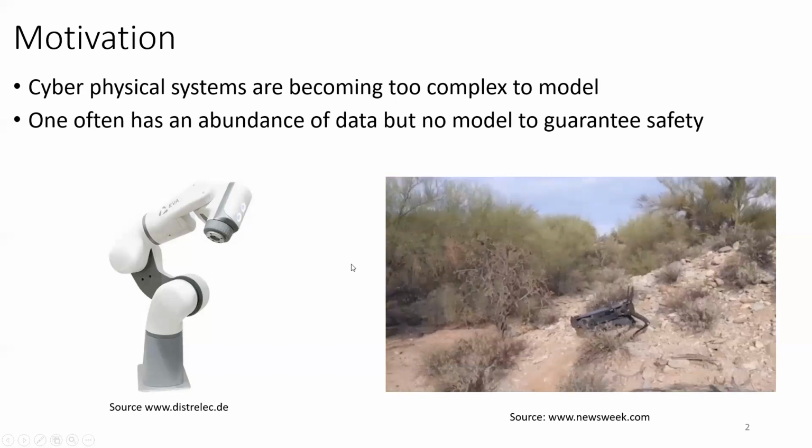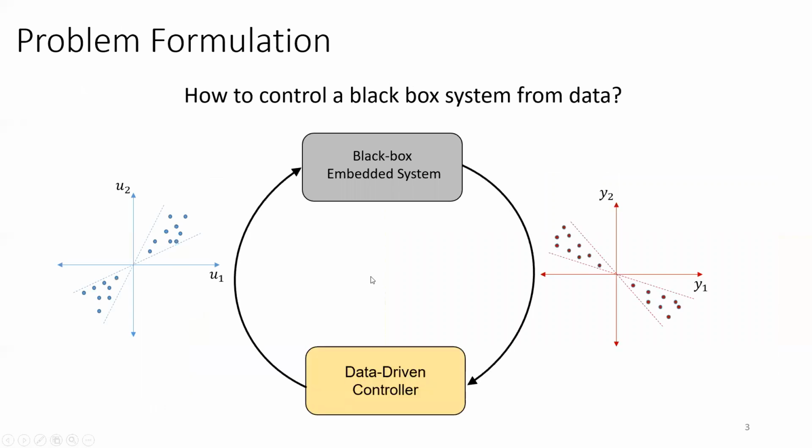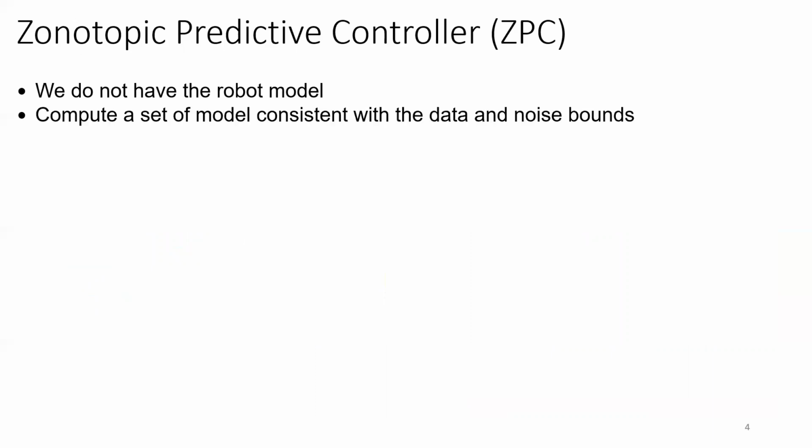This leads to the following problem formulation. If we have a black box embedded system and we have the input and the output, can we design a data-driven controller? The big picture behind our paper is as follows. We don't have the robot model.